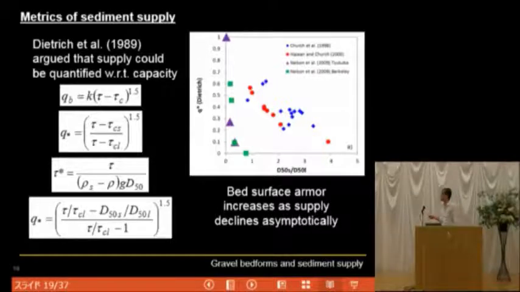the Berkeley experiments. The other thing I did here was I added in some data from Hassan and Church. And so they did a series of experiments where they basically filled a flume channel up with mixed size sediment, and then they turned the flume on and measured the transport rate, and then they measured the transport rate 96 hours later after the bed armor had completely formed.